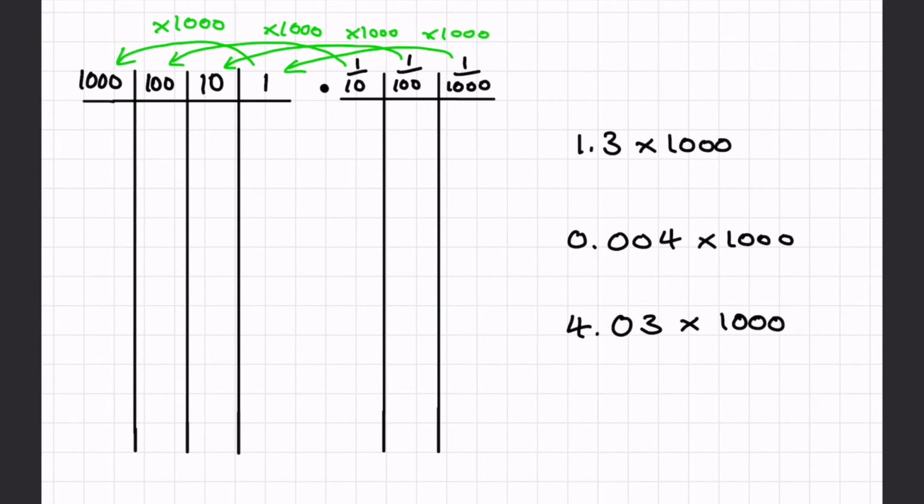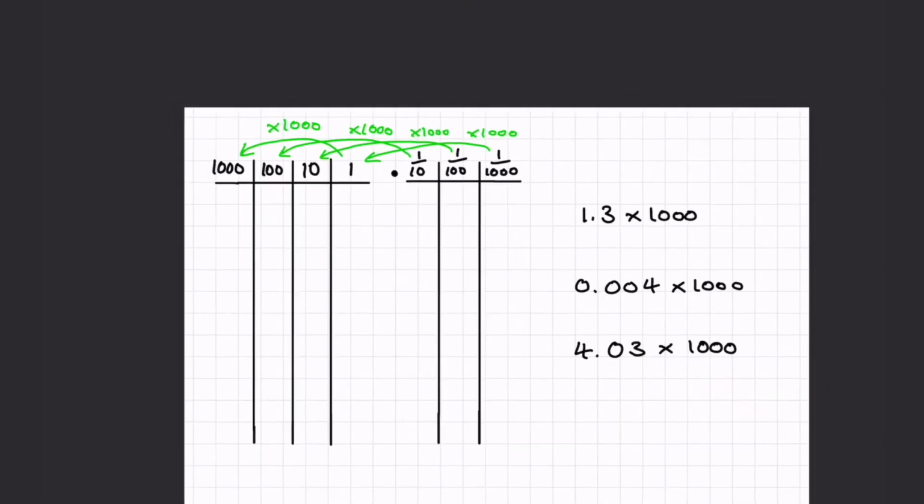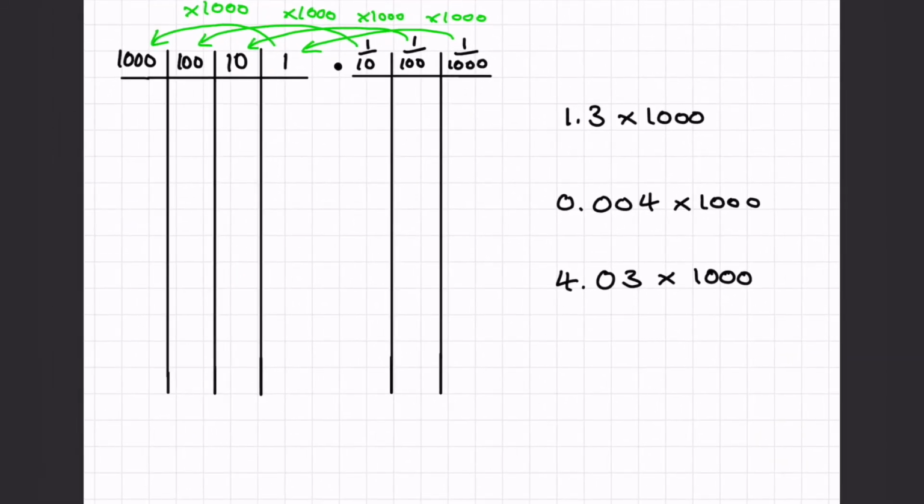So when we're multiplying by 1,000, the digits are moving 3 places to the left.